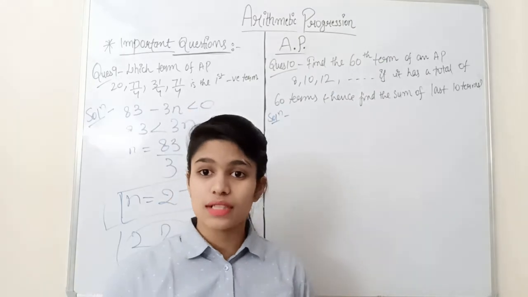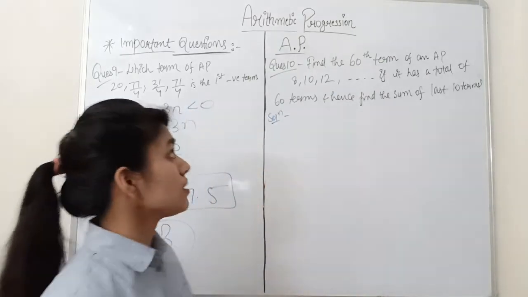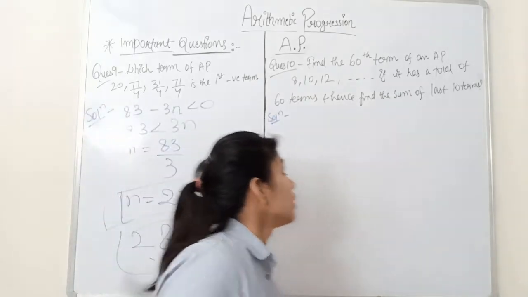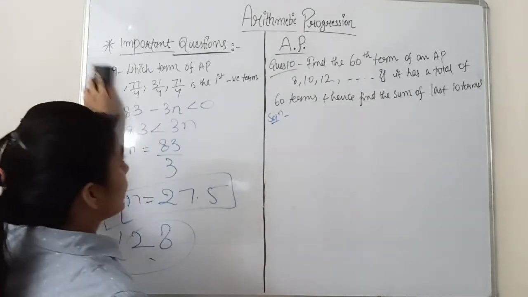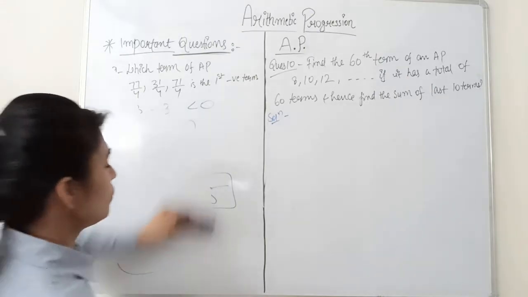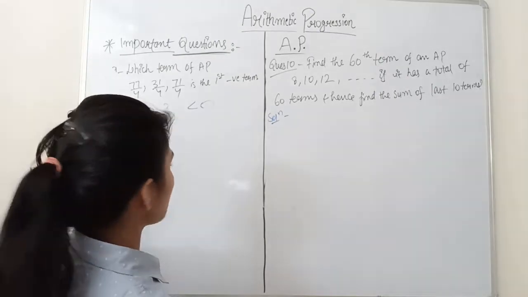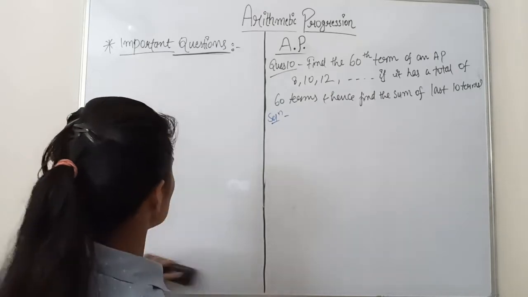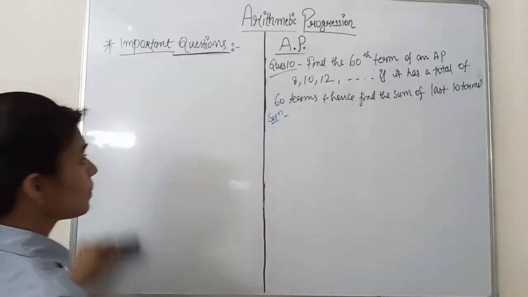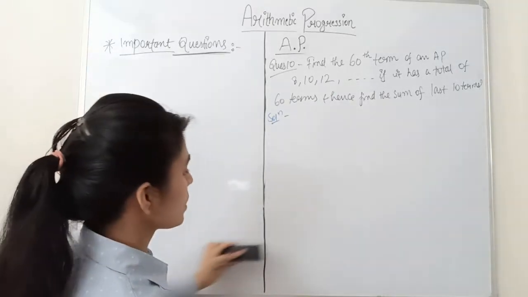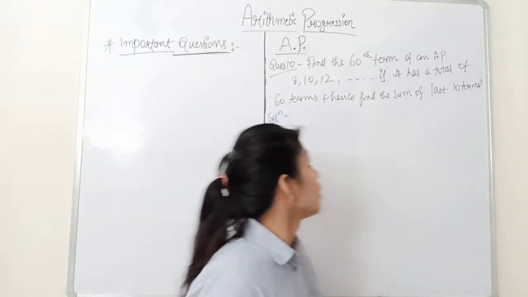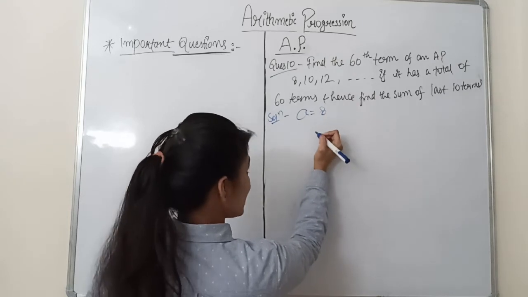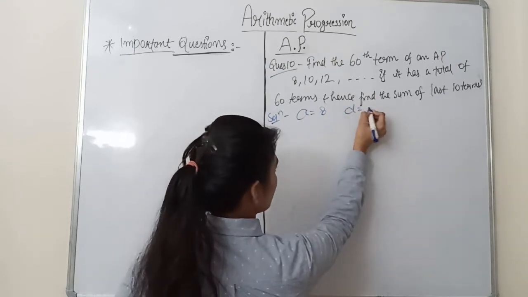Now our last question of this session is to find the sum of the last 10 terms of an AP. Our AP is 8, 10, 12 and so on. It has a total of 60 terms. We have to find the sum of the last 10 terms. What is A? 8. What is D? 2.